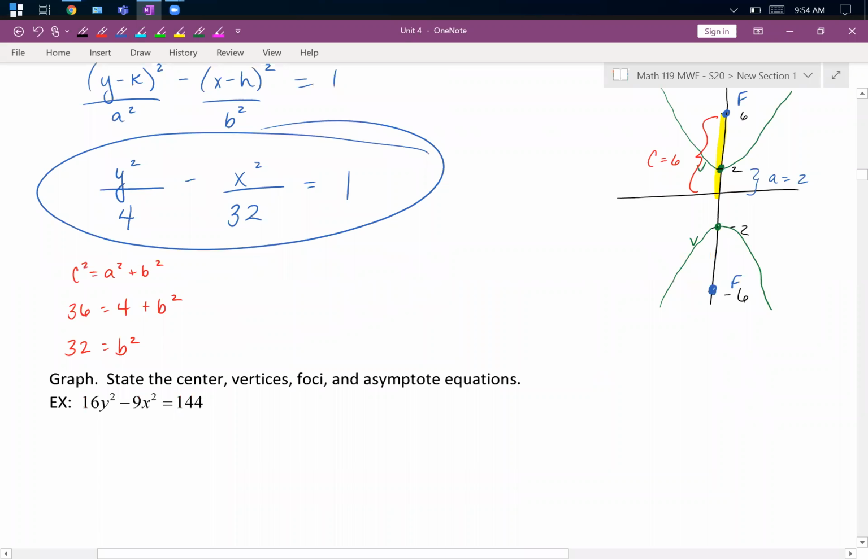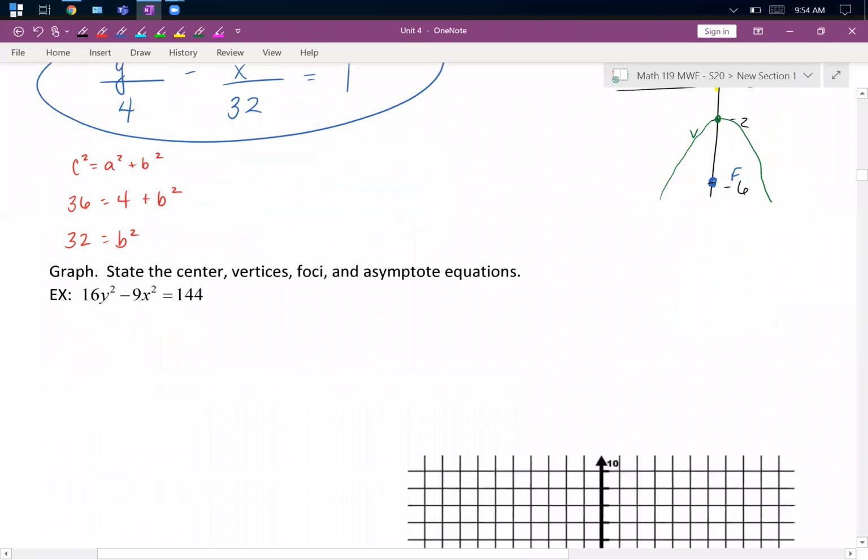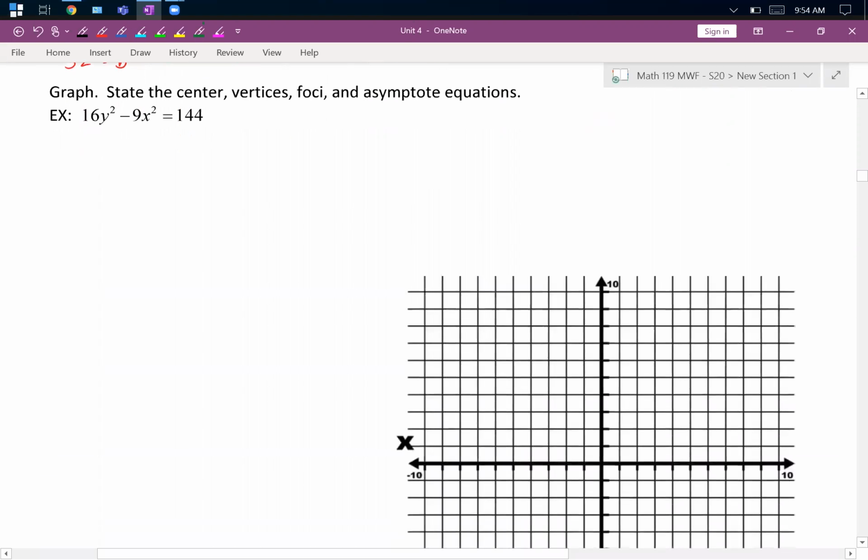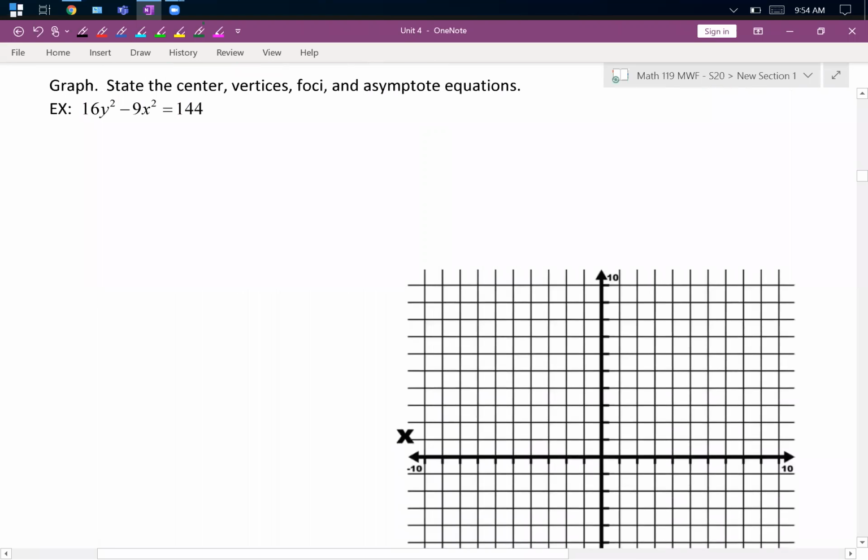All right, so let's do some where we're not exactly in standard form to start. This next example is not in standard form because we're not equal to 1. So the first thing we'll do is divide everything by 144.